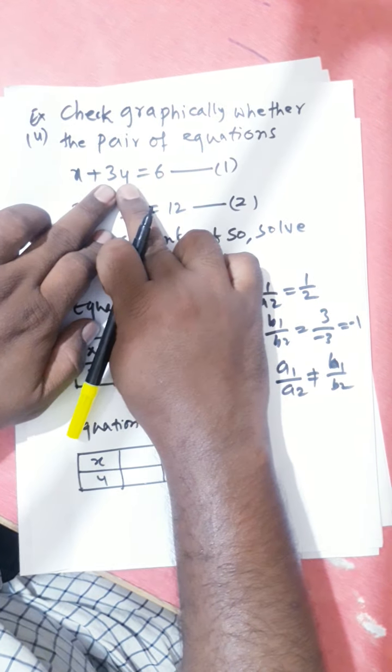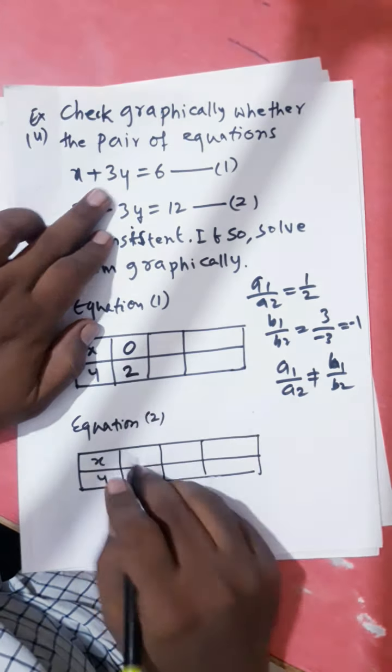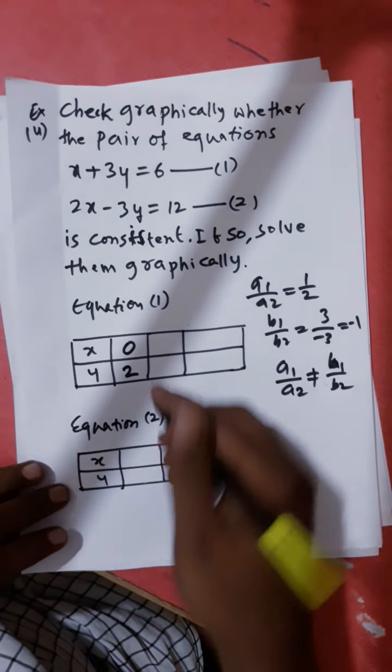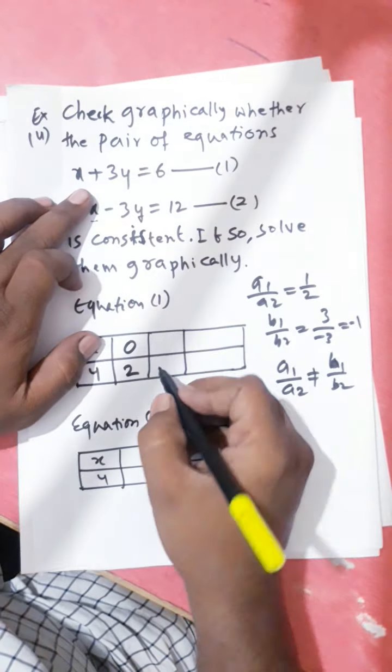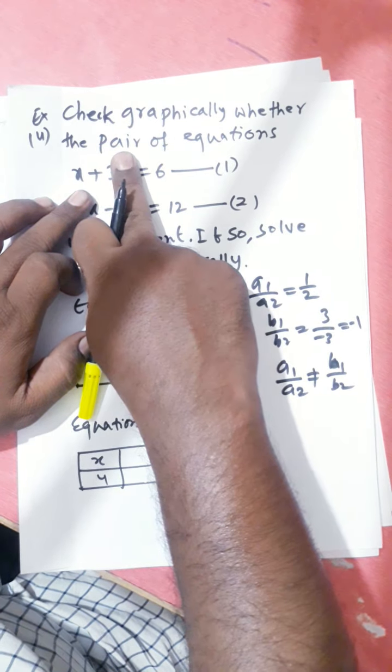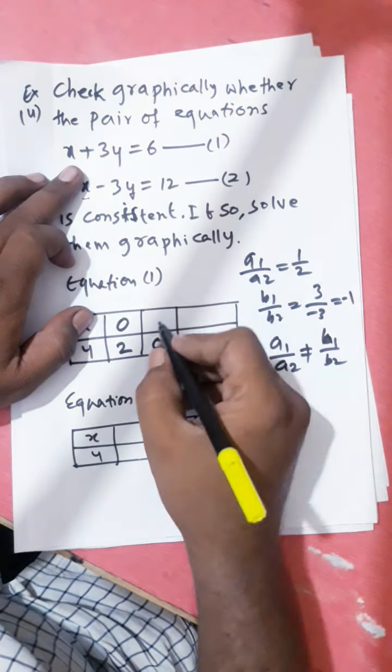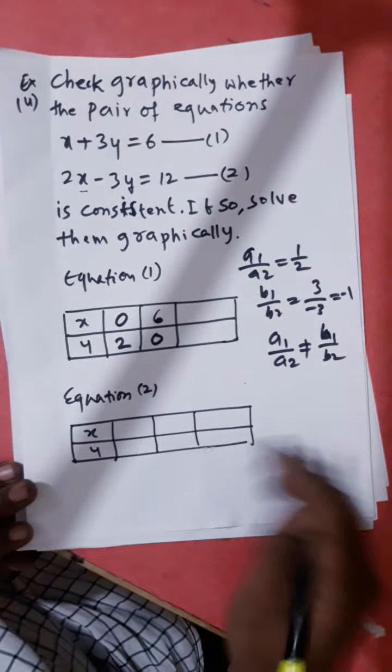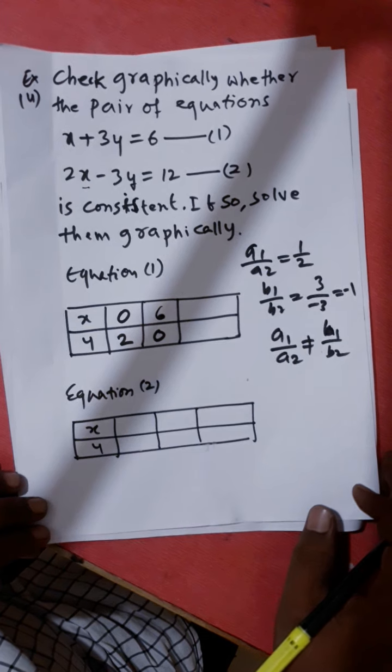Then y is equal to 2. Then if I put y as 0, 3 into 0 will be 0. Then x is equal to 6. One more value you can take also, you can leave it also.